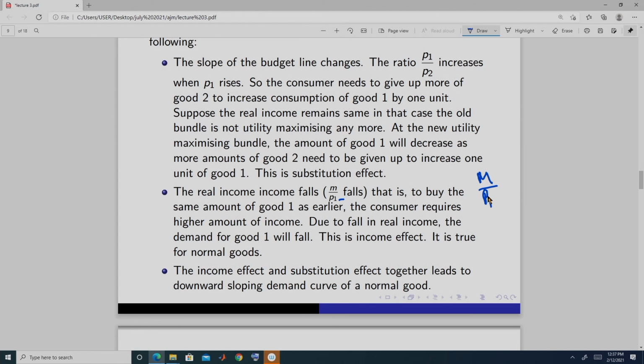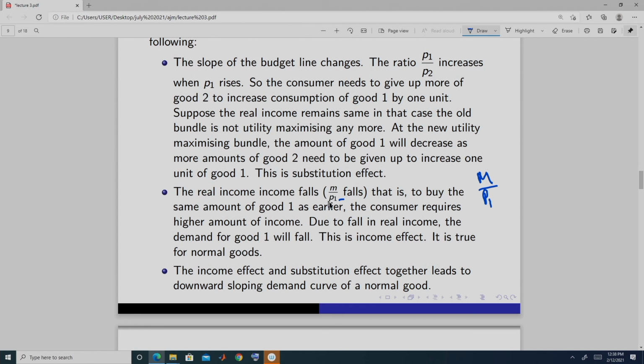So it means what? That now whatever maximum amount of good 1 you could have bought earlier, now you cannot. So in real terms we say that your real income has fallen.